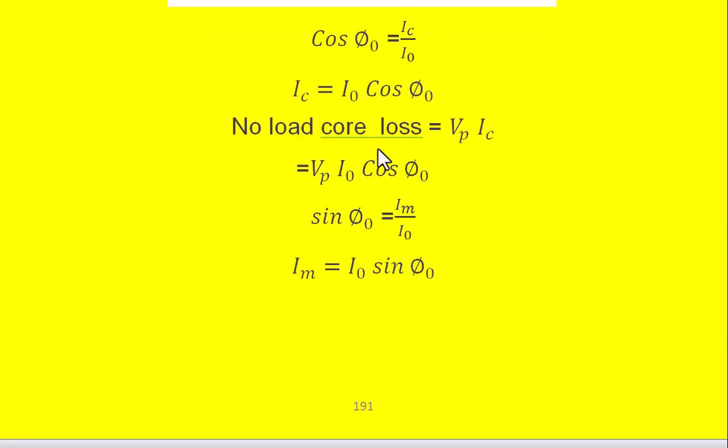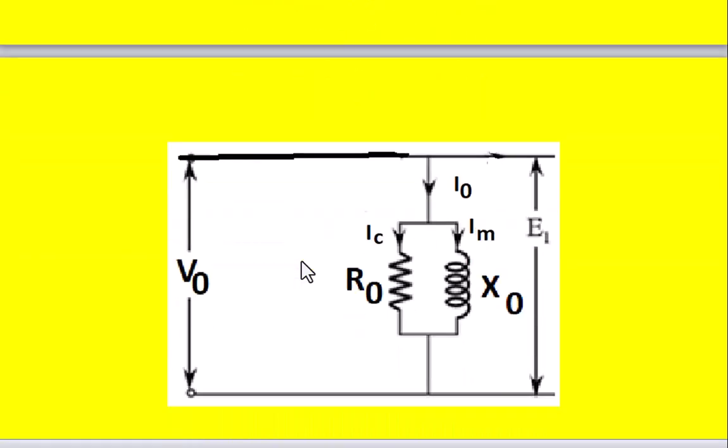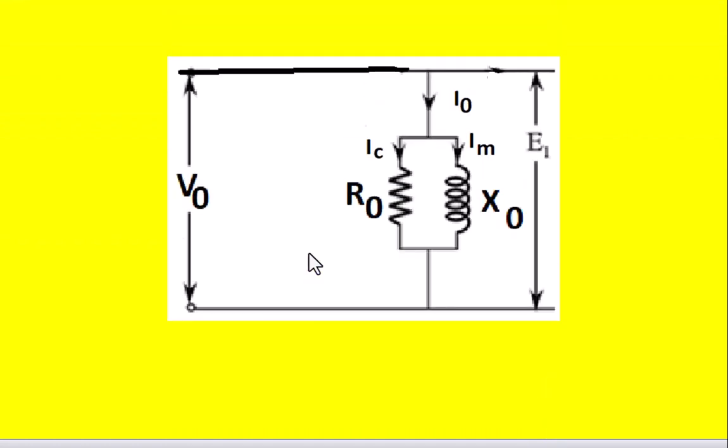Once we know the IC value and the Im value and the applied voltage, or induced EMF in the primary, we can calculate the no load equivalent circuit. That is V naught, and the current here is I naught, and its components are Im and IC.